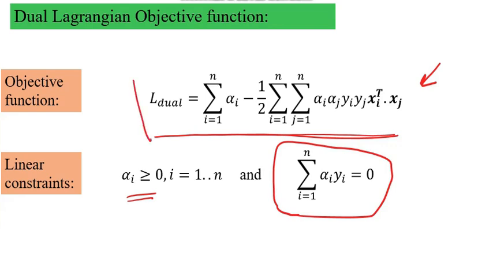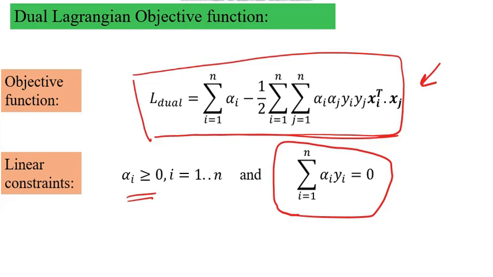Now, this L dual function which we have obtained, we can see that it is a double summation over all the samples, pairs of samples rather. We are taking pairs of samples indexed by i and j.